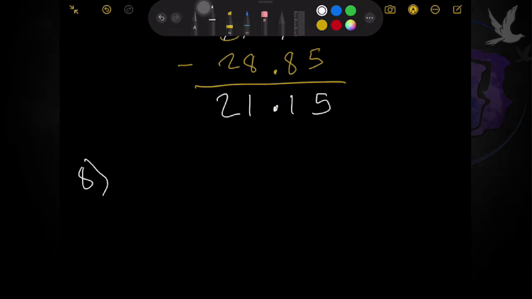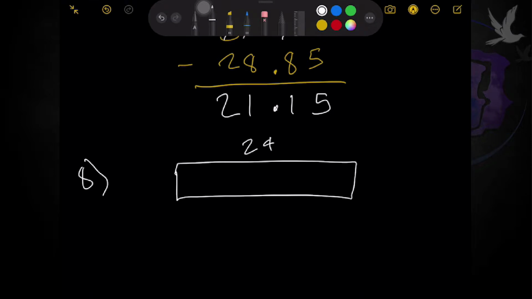Okay, number 8 naman tayo ngayon. The cost of a birthday present is shared equally among 4 friends. If the present costs $24, how much does each friend pay? Okay, so we have a total of how much one present costs, which is $24. It is being shared by four friends equally.